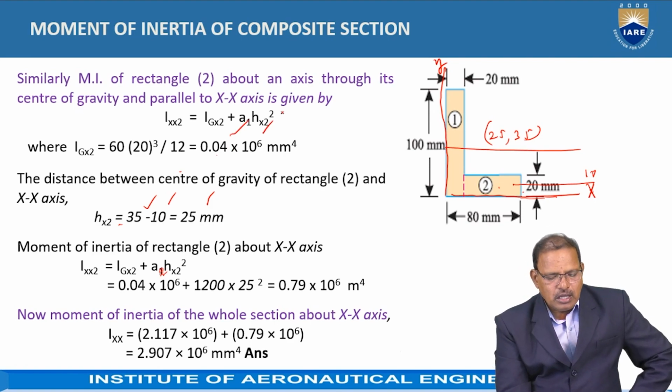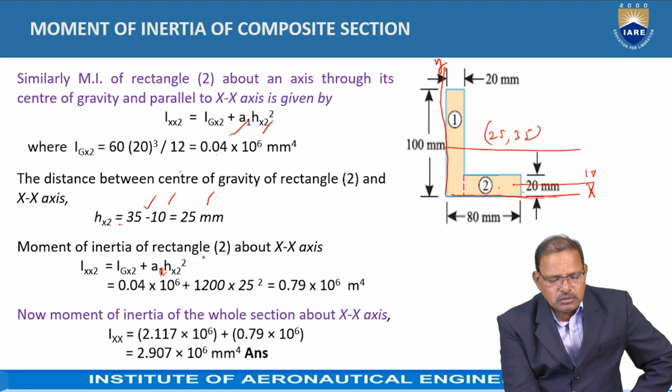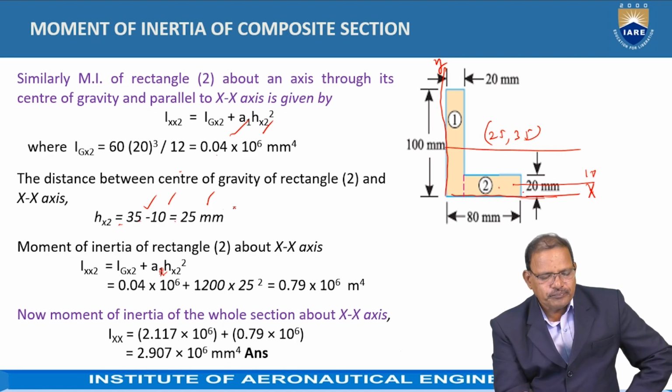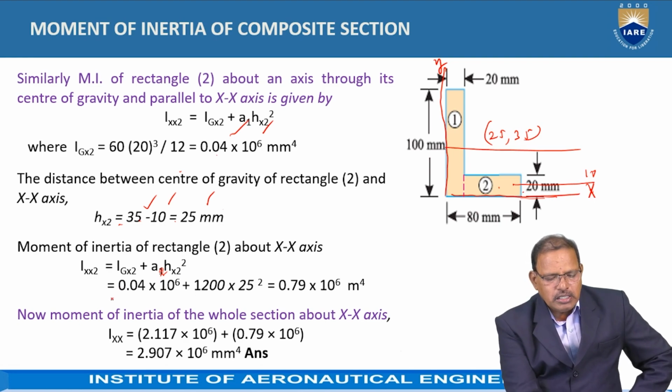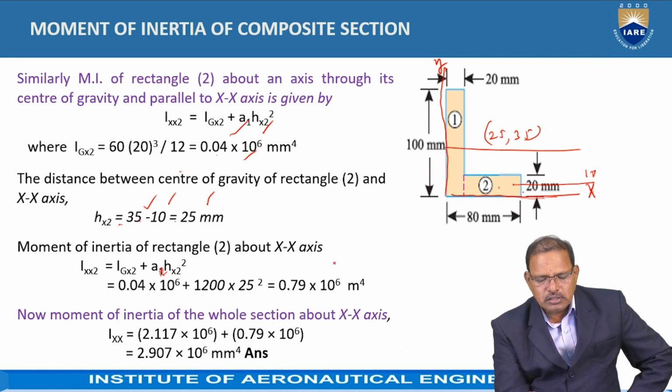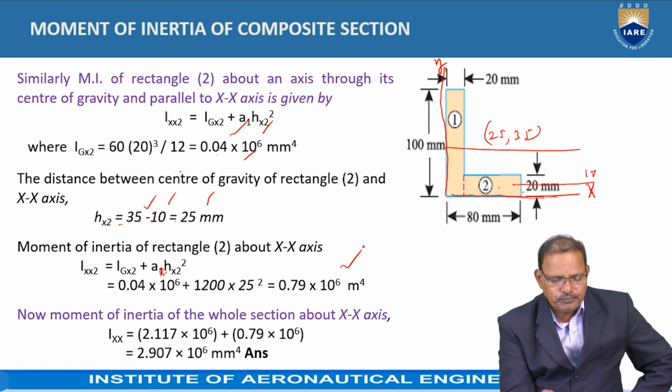And Hx2 is the distance between the centroid of the composite section and the centroid of section 2, which is 35 minus 10, equal to 25 mm. So Ixx2 is equal to Igx2 plus A2 Hx2 squared, which is 0.04 into 10 to the power of 6 plus the area, 1200, times the distance 25 squared, which is equal to 0.79 into 10 to the power of 6 mm to the power of 4.